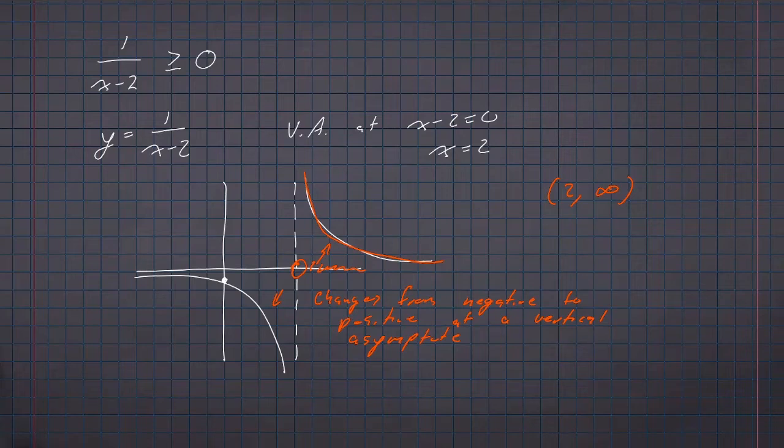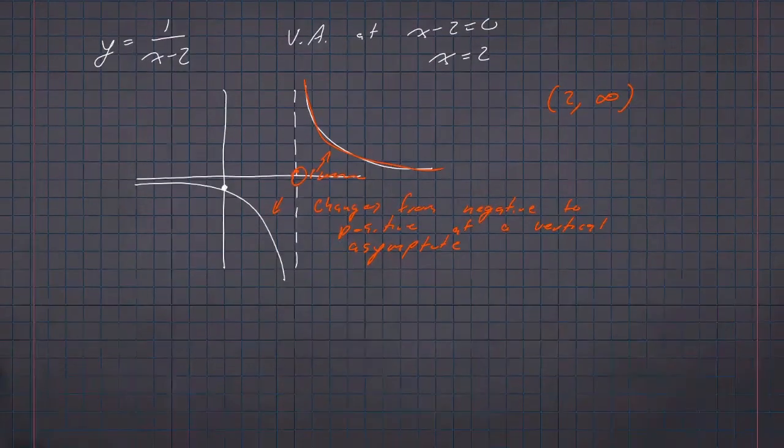Just like when we were dealing with polynomial inequalities, we can look at how these rational inequalities behave around the x-axis, and that's enough for us to be able to work with the inequality.